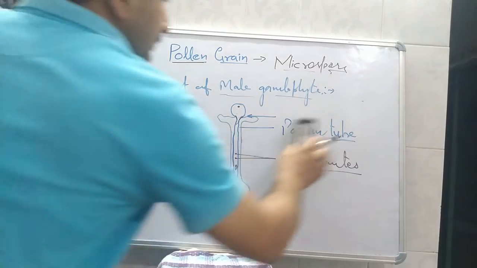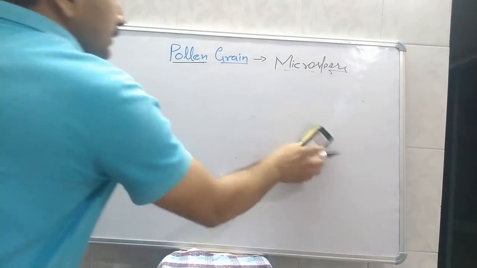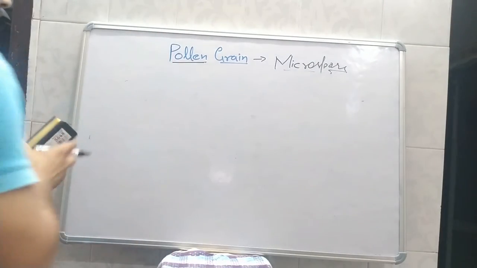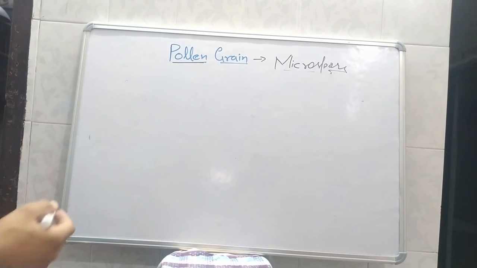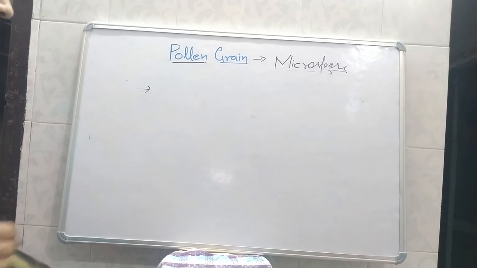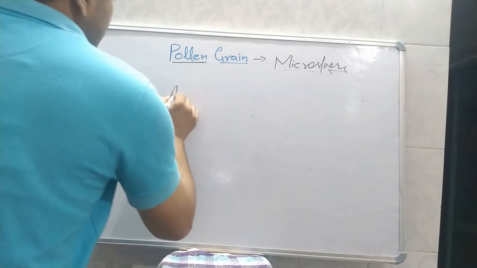Now we will discuss a few topics which are present in the NCERT book. These large number of pollen grains are released, they enter into the human being and they cause allergy.